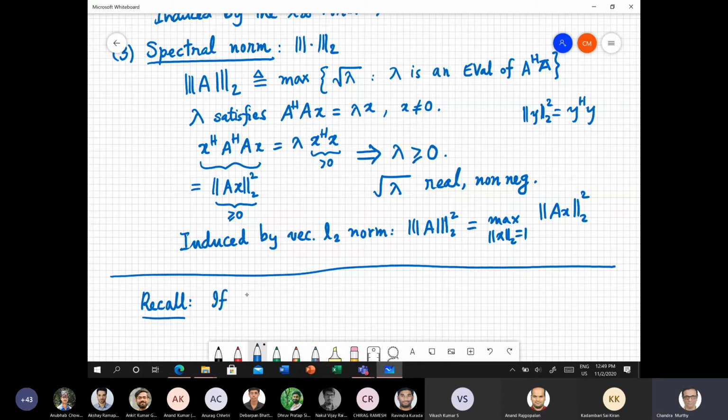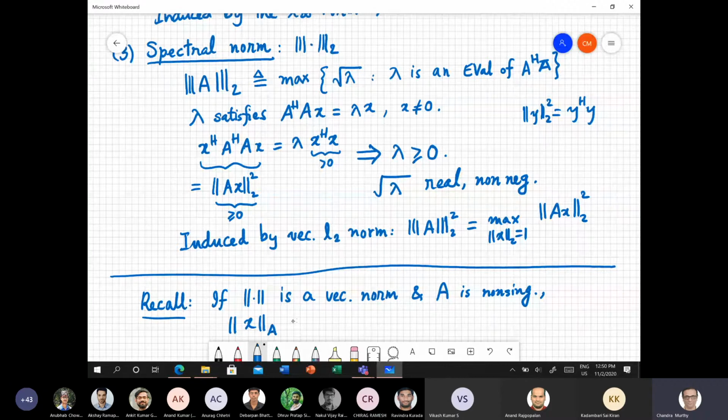If the norm is a vector norm and A is non-singular, and if I define a new norm to be the vector norm of Ax, then this is a vector norm also.